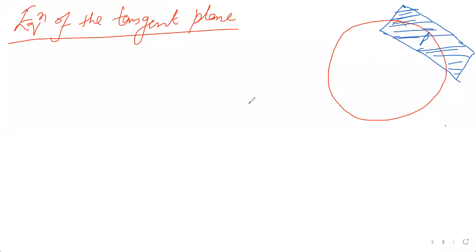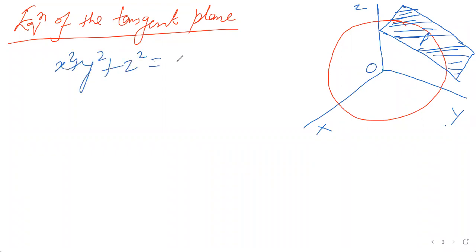This is a sphere. So for the sake of convenience, I am taking that it has center at 0, 0, 0, just for the sake of convenience. Let the sphere be x square plus y square plus z square is equal to a square. This is the radius. And let (x dash, y dash, z dash) be any point on it.